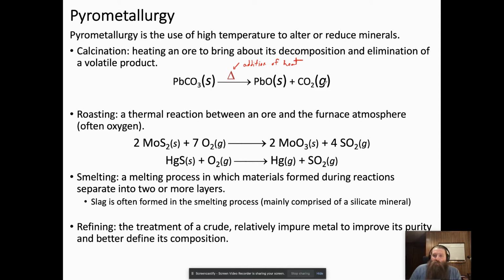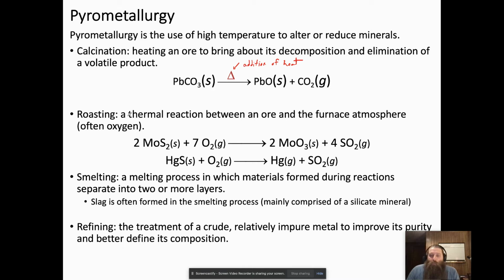Now, this gas is obviously going to leave. So if you think about the process in terms of refining a metal, you have a less useful starting product, but after you heat it, you now just have an oxide of lead that you can then process to free up your lead.